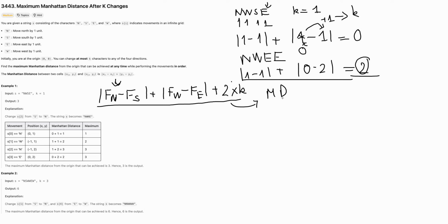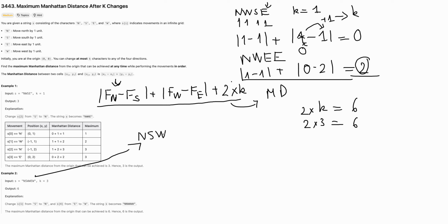So you can see that in the second example, if k equals 3, then 2 by k equals 6 already, right? No matter what we have in the string, no matter what the step is, for example, I just have n, s, and w.